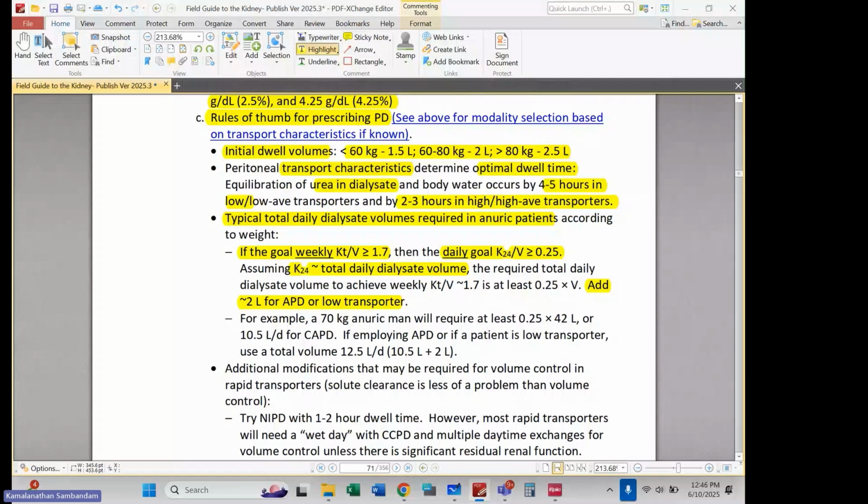So the question is, with tidal PD, would you have to adjust for that? I can't give you empiric knowledge about how much you would need to adjust, but you would definitely need to increase volume. The amount of volume you would increase would depend on your percentage of tidal PD. If I had 95% tidal PD, you would have to increase very little. That would be akin to doing full PD.